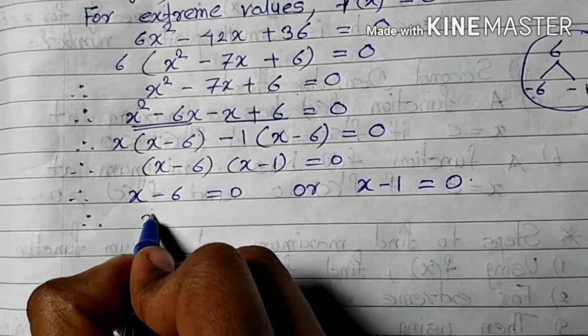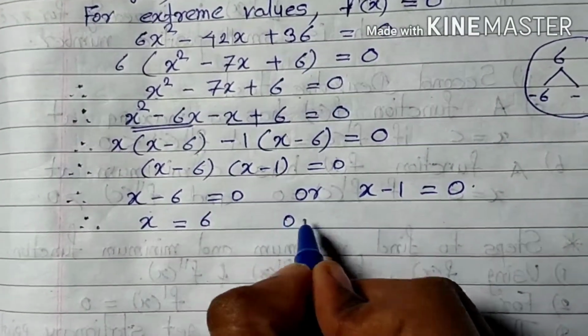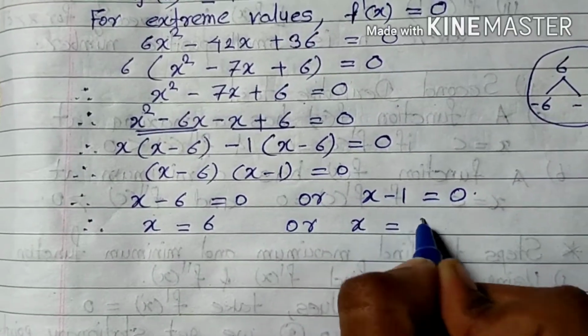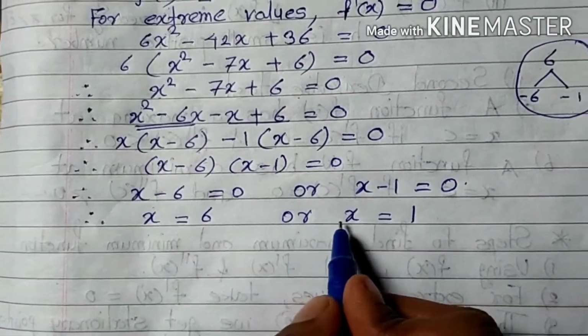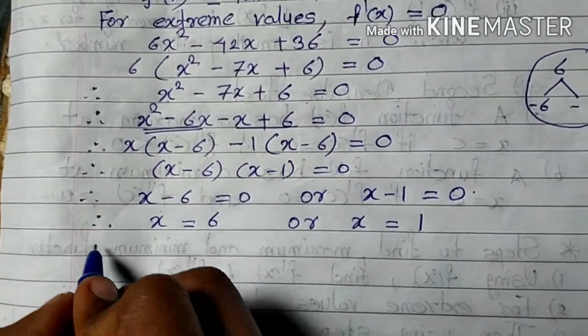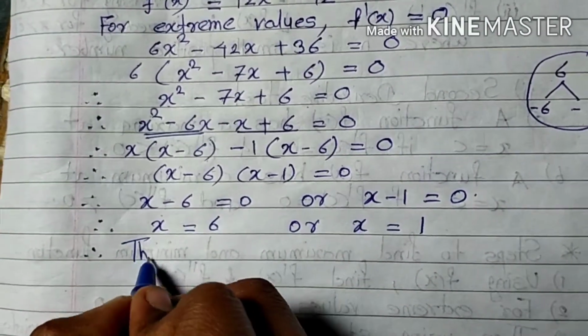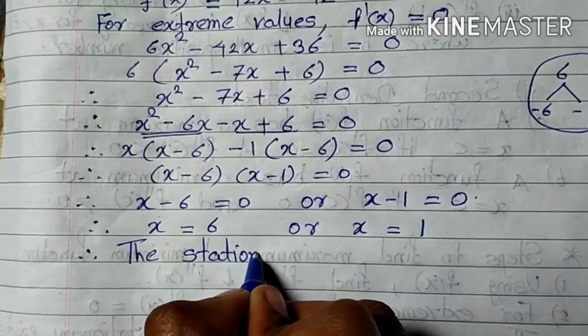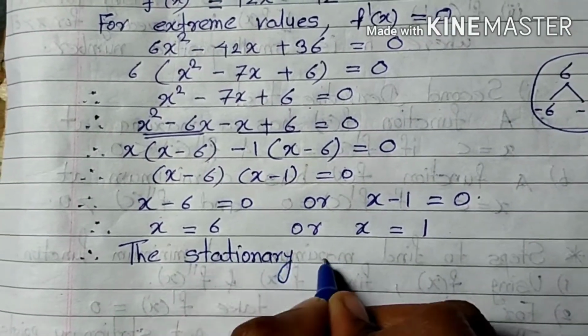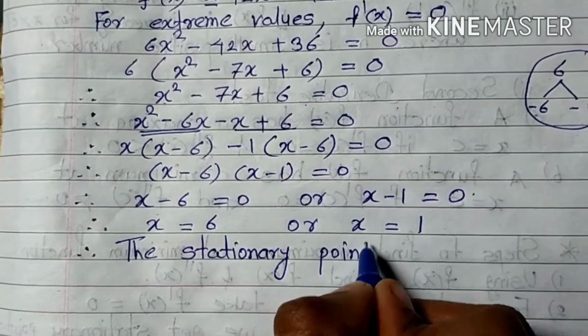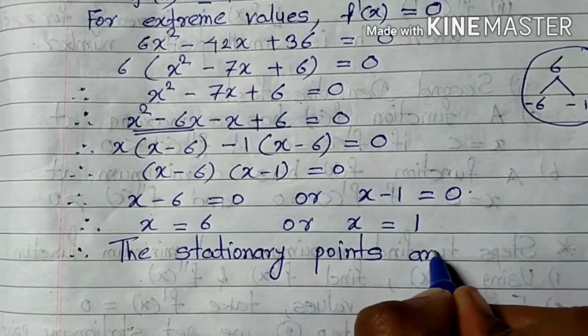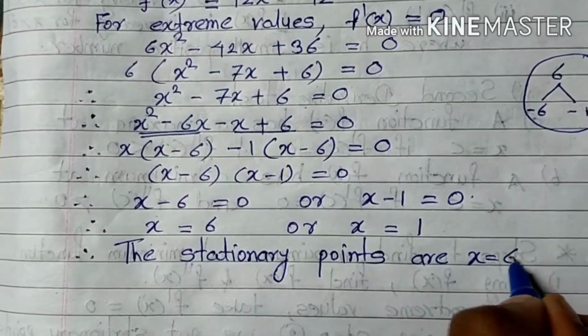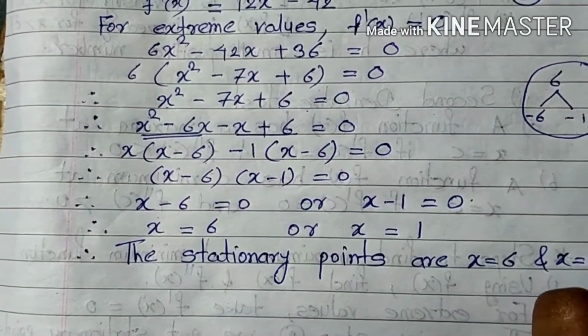Therefore x is equal to 6 or x is equal to 1. So these are our stationary points. Therefore the stationary points are x equal to 6 and x equal to 1.